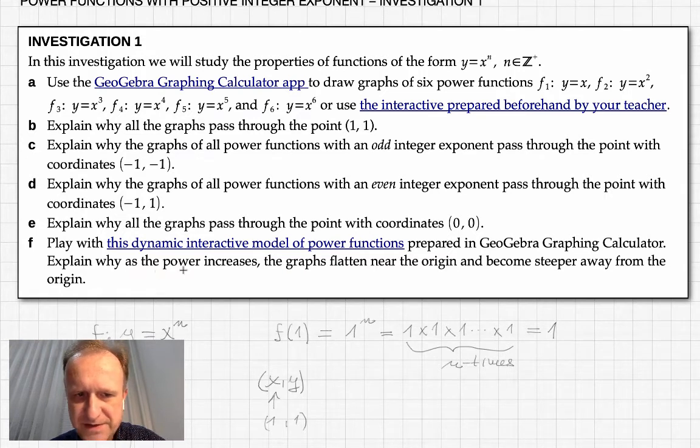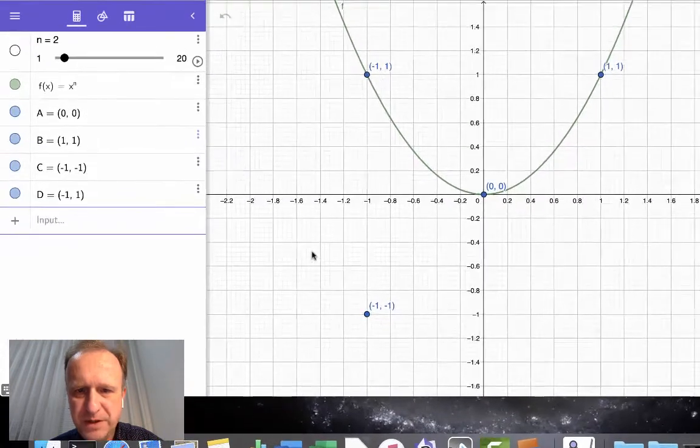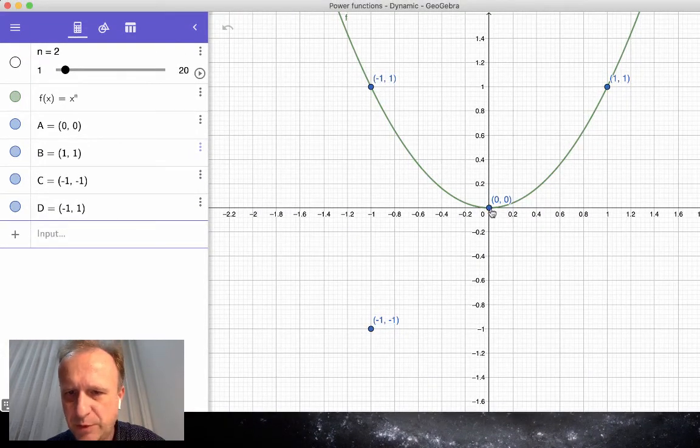Explain why, as the power increases, the graphs flatten near the origin and become steeper away from the origin. So first, what is the origin? The origin is this point, the origin of all graphs. So it's the point (0, 0). Now, you see this is the graph of the function y equals x to the power of n.